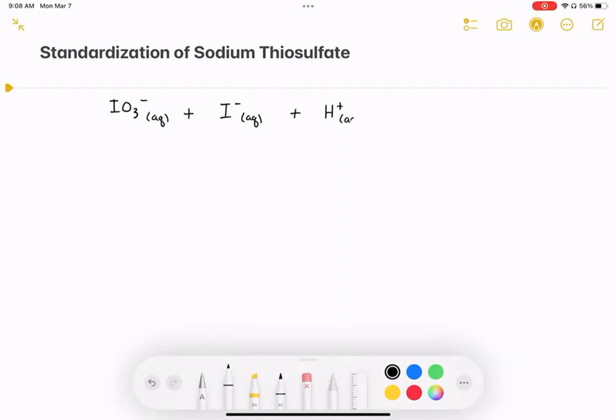The redox reaction that's happening is you're going from I minus to I2, and then going back from I2 to I minus again in the second reaction here. And we get I2 aqueous plus H2O liquid.